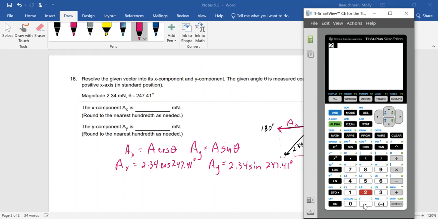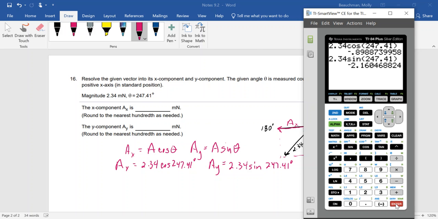So we have 2.34 times the cosine of 247.41, and I'll type in the other one as well, 2.34 times the sine of 247.41.